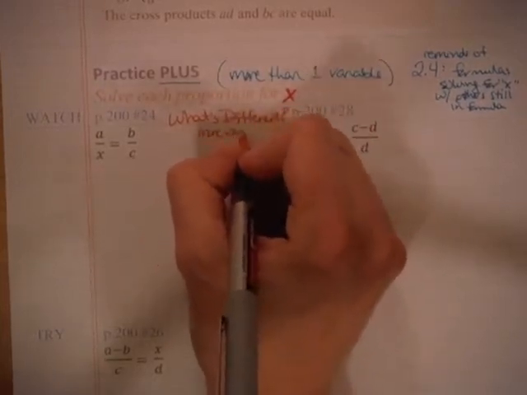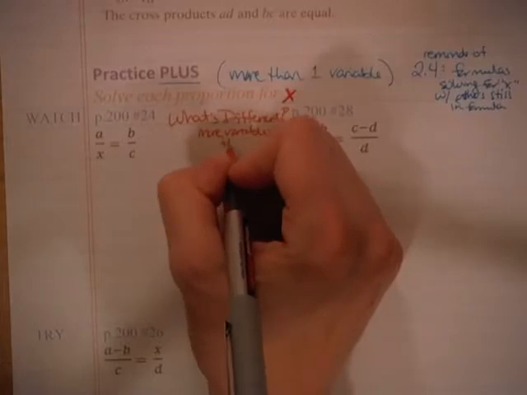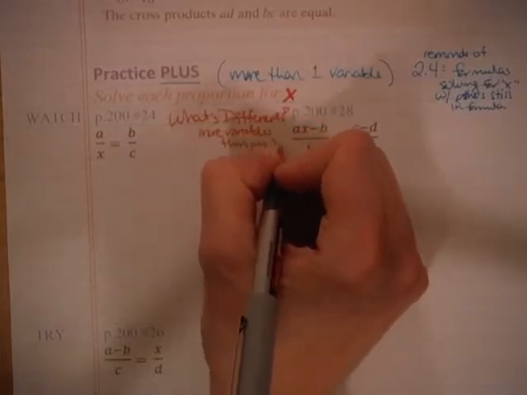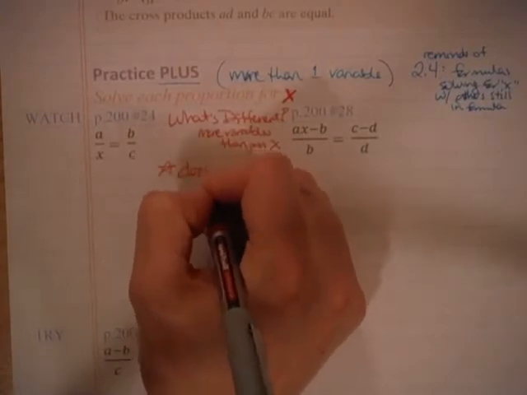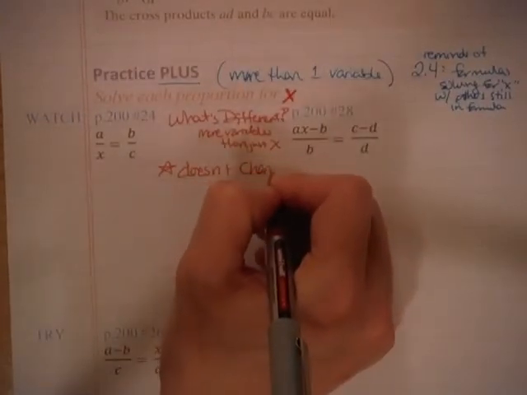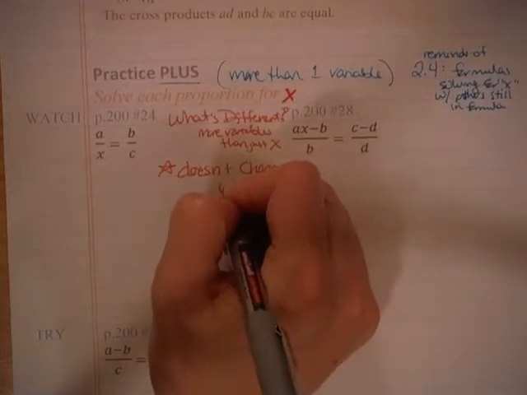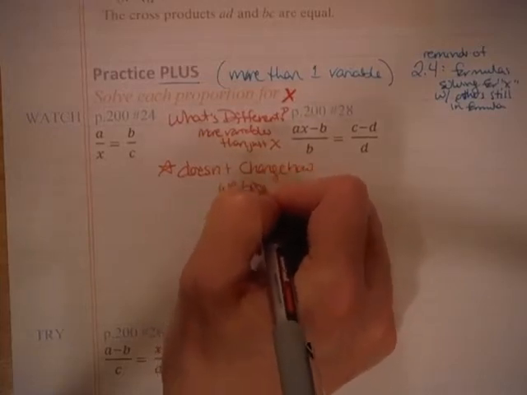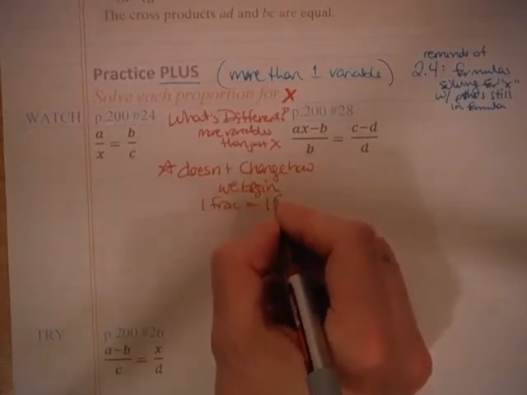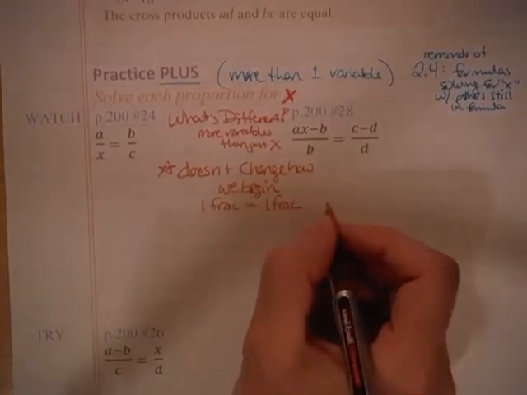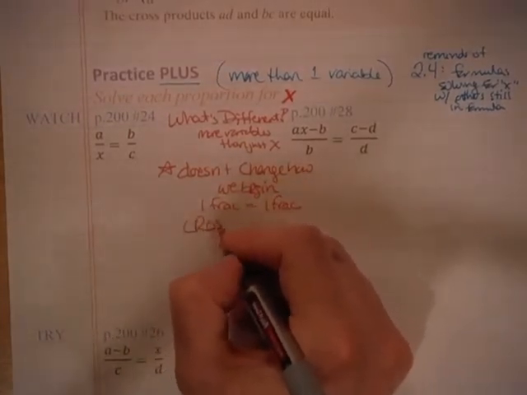So there's more unknowns than just x, but it doesn't change how we start. We still look at this as one fraction equal to one fraction, or one ratio equal to one ratio, which means we're going to cross multiply.